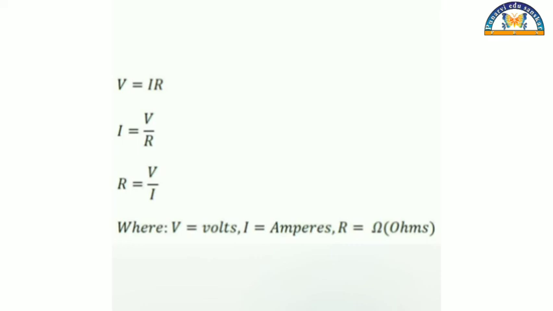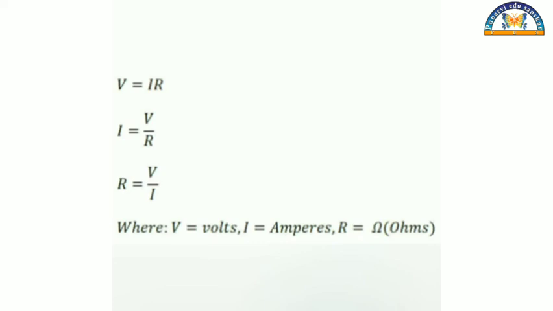If capital V is the potential difference applied across the ends of a conductor through which capital I, the current, flows, then according to Ohm's law, we have V is proportional to I, that is at constant temperature, or V is equal to IR, or it is also given by I is equal to V by R, where capital R is the constant of proportionality called resistance of the conductor at a given temperature.